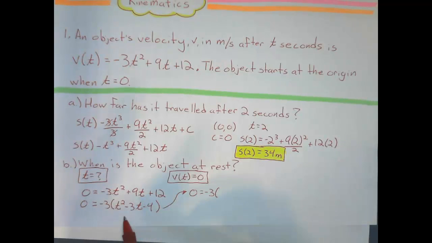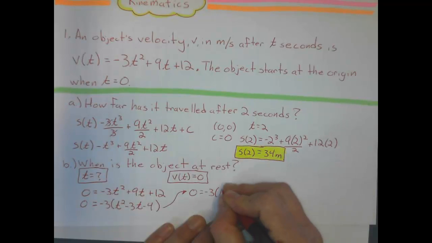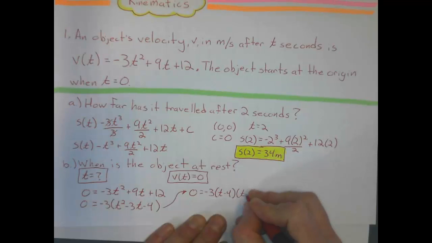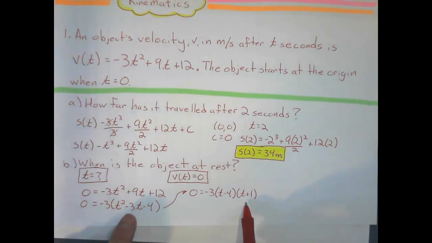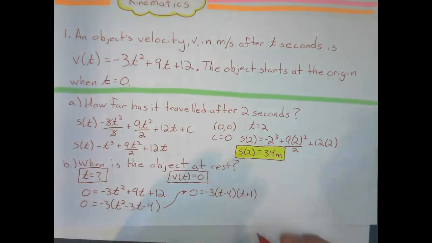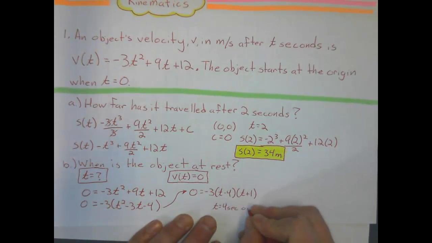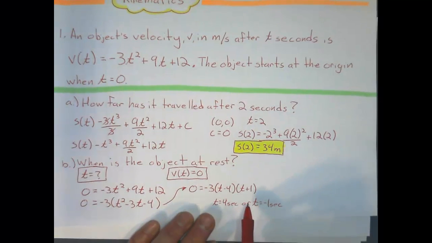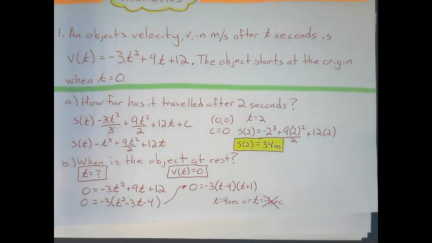That would be negative 4 and positive 1. So (t minus 4)(t plus 1), because negative 4 times 1 gives me negative 4, and negative 4 plus 1 gives me negative 3. So my solutions are t equals 4 seconds, or t equals negative 1 second. For practical purposes, we'll take off the negative 1 second and just say it's 4 seconds.